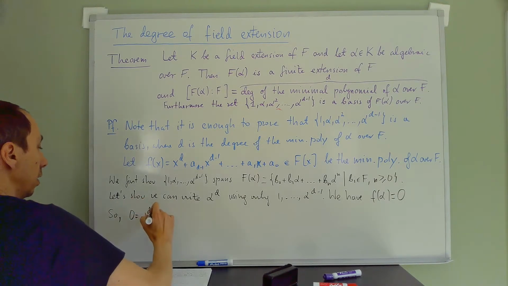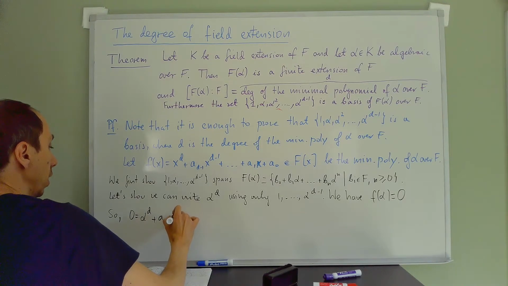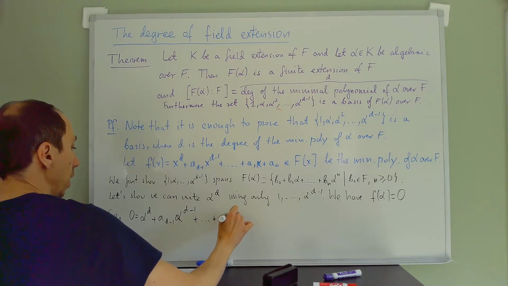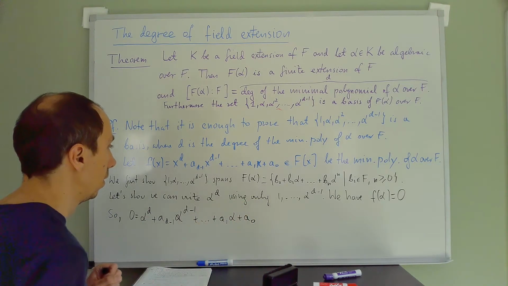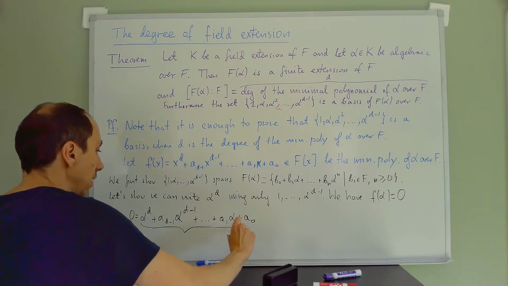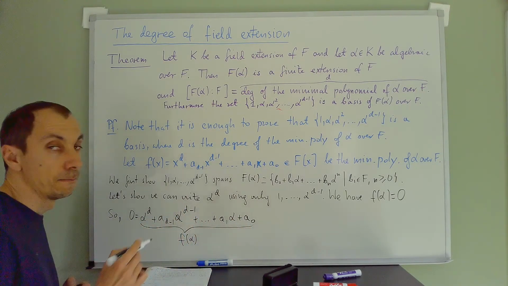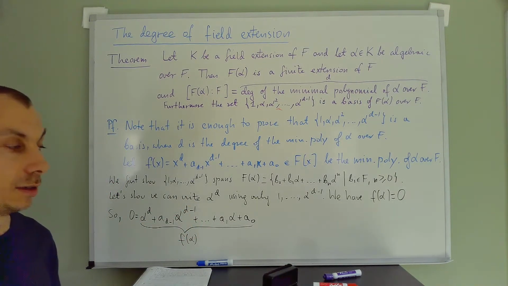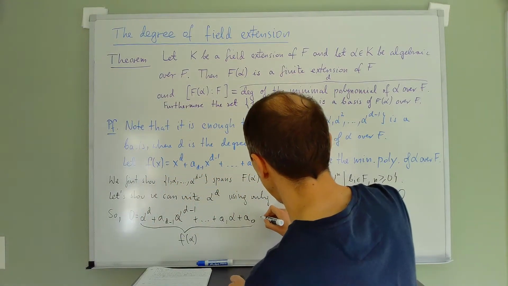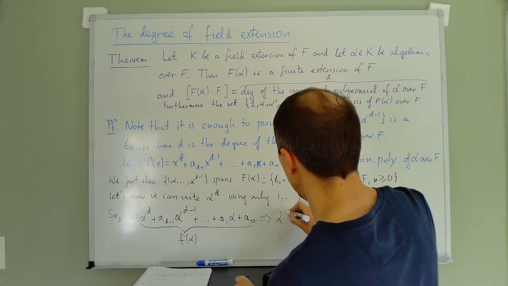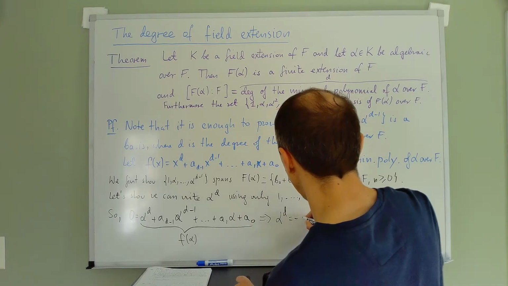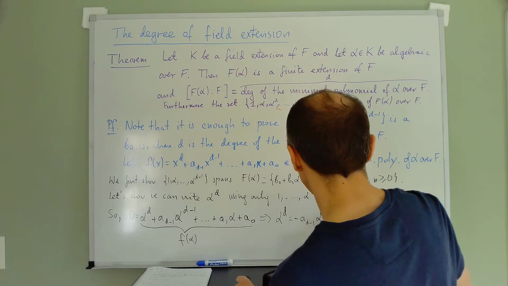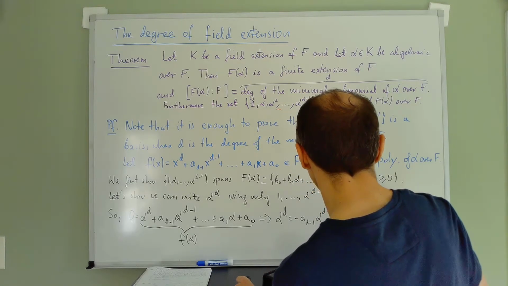That's alpha to the d plus a d minus 1 alpha to the d minus 1 plus dot dot dot plus a1 alpha plus a0. Right? That is nothing else, just f of alpha. This is what I get when I plug in alpha to f. And that's 0. So note, by taking everything else to the other side and leaving alpha to the d on one side, I get that alpha to the d is equal to minus a d minus 1 alpha to the d minus 1 minus dot dot dot minus a1 alpha minus a0.